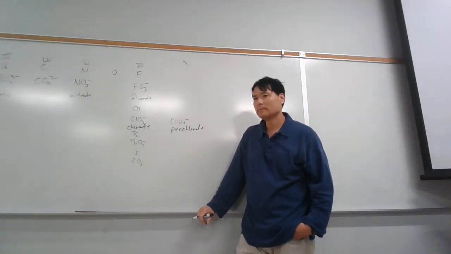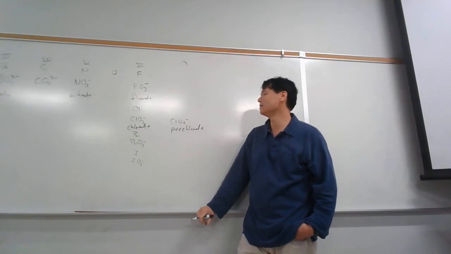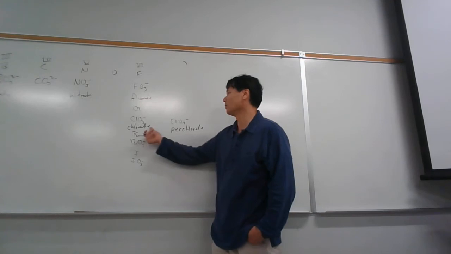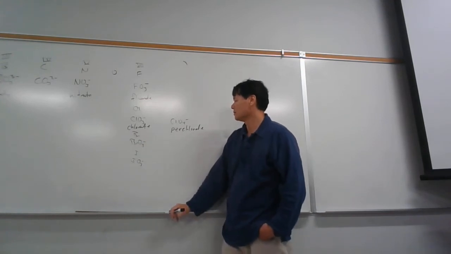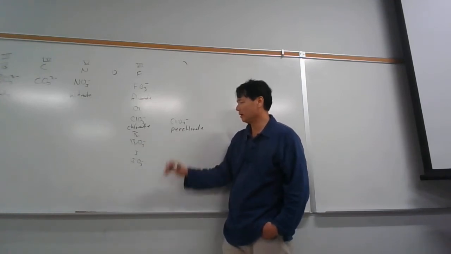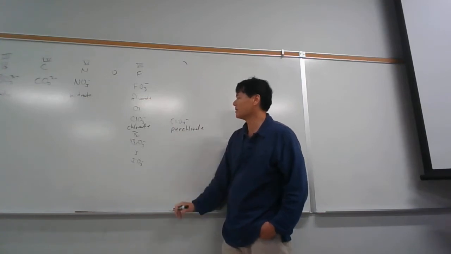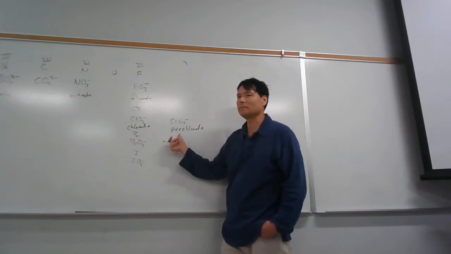What does per come from? Per means more extreme than chlorate, like hyper. Hyper would be more, hypo would be less. And so this is perchlorate because chlorate wasn't all the way there.